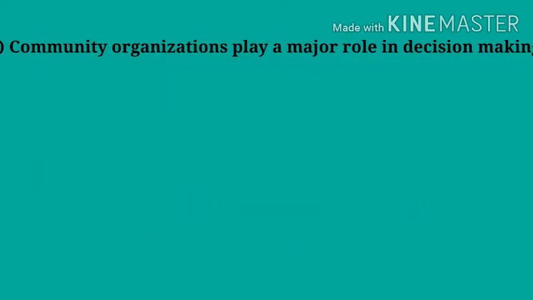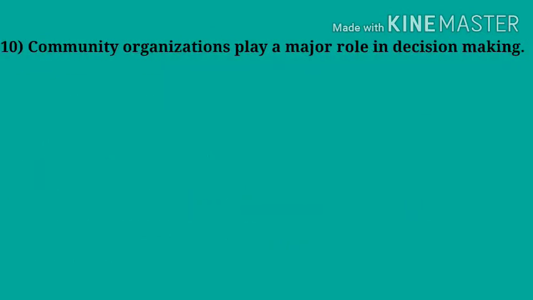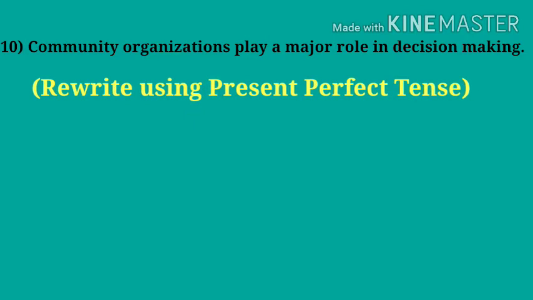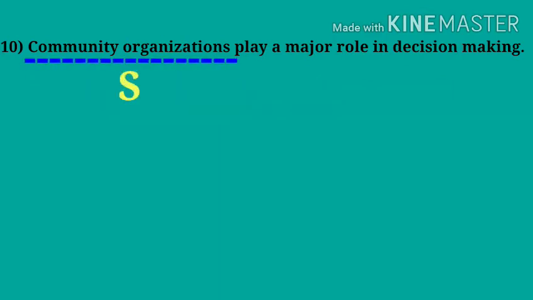And the last sentence, see, community organizations play a major role in decision making. Rewrite using present perfect tense. See, the given sentence. What is the subject here? Community organizations. And what is the verb? Play is a verb. In the given sentence, play is the base form of the verb. So the given sentence is in simple present tense and we have to turn it into present perfect tense.